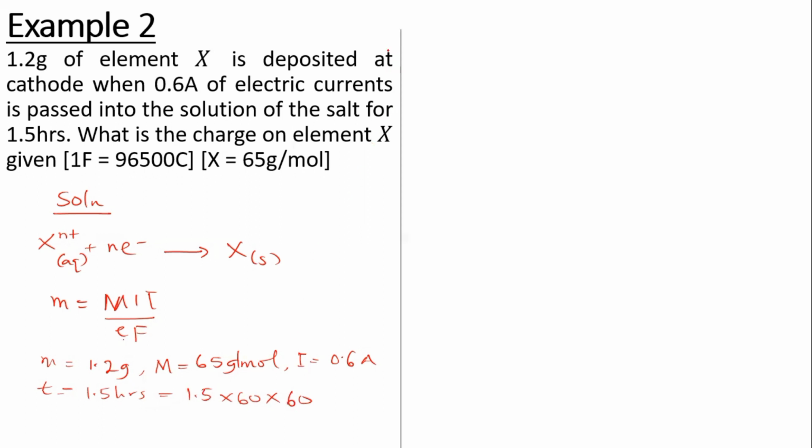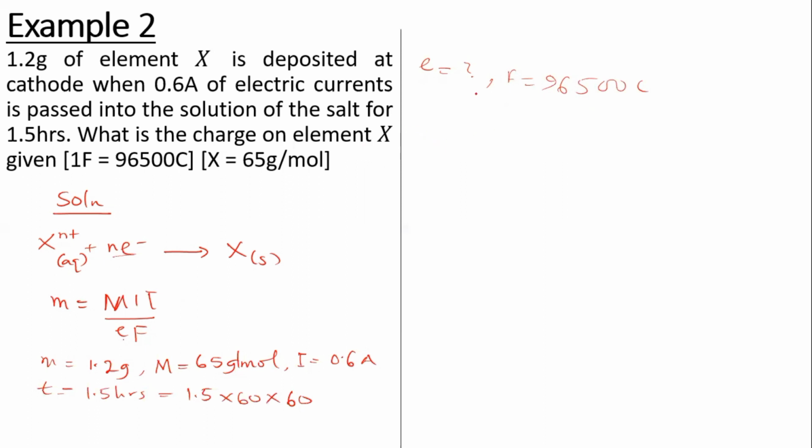Now, the E is the coefficient of the electrons, which represents the charge. So whenever you are calculating the charge on the element, you'll be looking for E in this equation. F is 96,500 coulombs. I believe that is very simple.